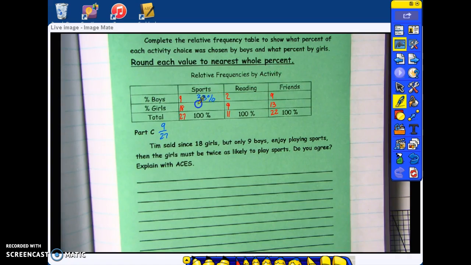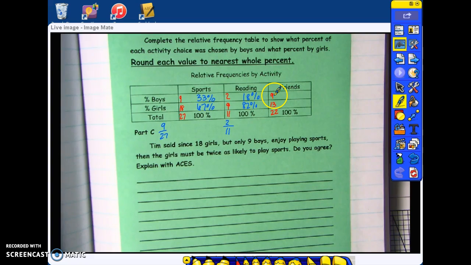Which leaves us with 18 out of 27, which is 67% for girls. For reading, we have 2 out of 11, divide 2 by 11, and you get 18% of boys prefer reading. And then 82% of those that prefer reading are girls.